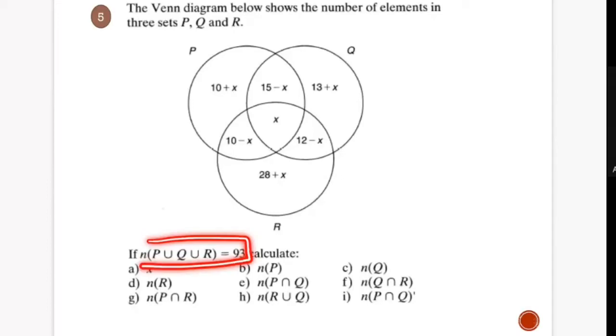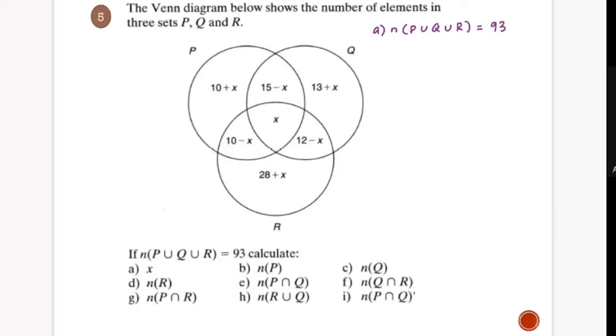For part A, the number of elements in P union Q union R is equal to 93.